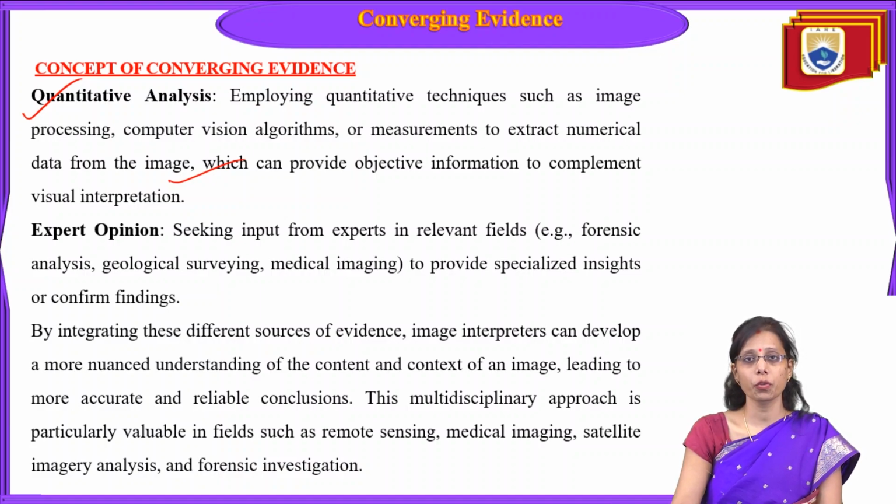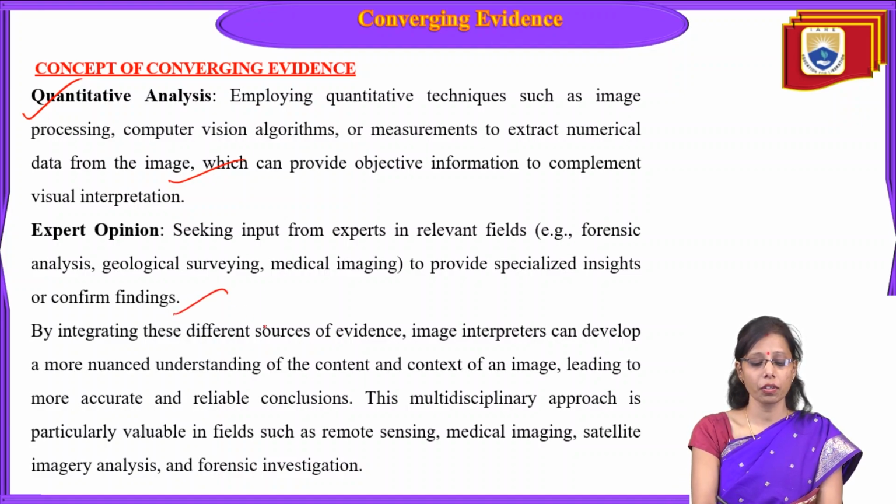Next, we have expert opinion. So taking the opinion of experts of the relevant fields, for example forensic analysis, geological survey, and medical imaging, to provide specialized insights or confirm findings.